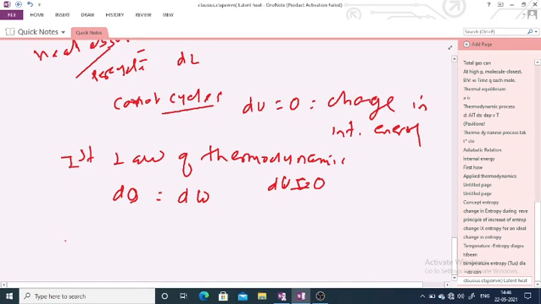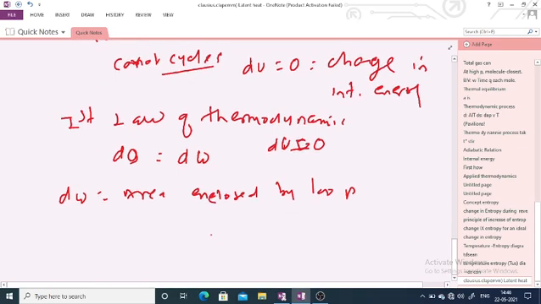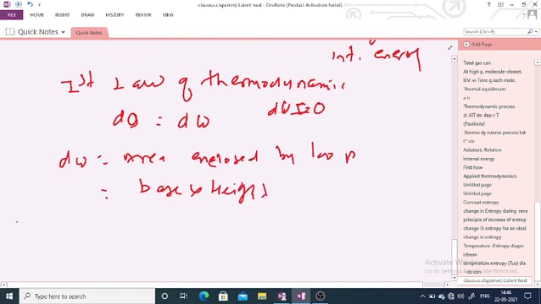Here dW is nothing but the area enclosed by the loop. So area is base times height. Here the base is the change in volume, V2 minus V1.